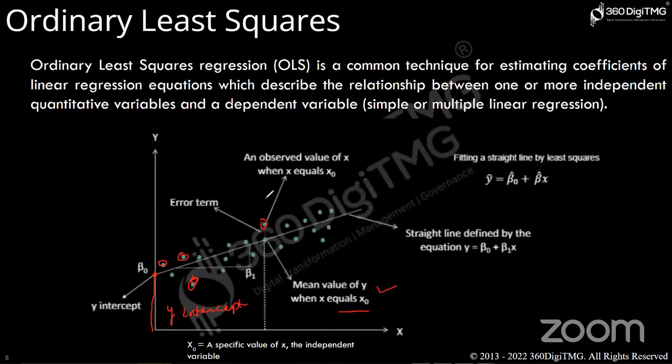And this straight line is our regression line, and it will follow this equation: beta 0 plus beta 1 x. So this is ordinary least square.